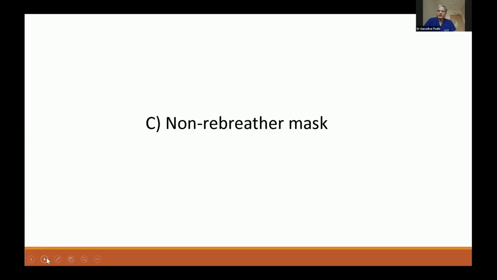I would just like to add one comment here. The Venturi, what Dr. Sandeep told, is basically a mode of controlled oxygen therapy. Suppose you want to give different FiO2 to different patients. A patient with COPD may not tolerate a very high FiO2, so you want to restrict the oxygen concentration as per your wish.